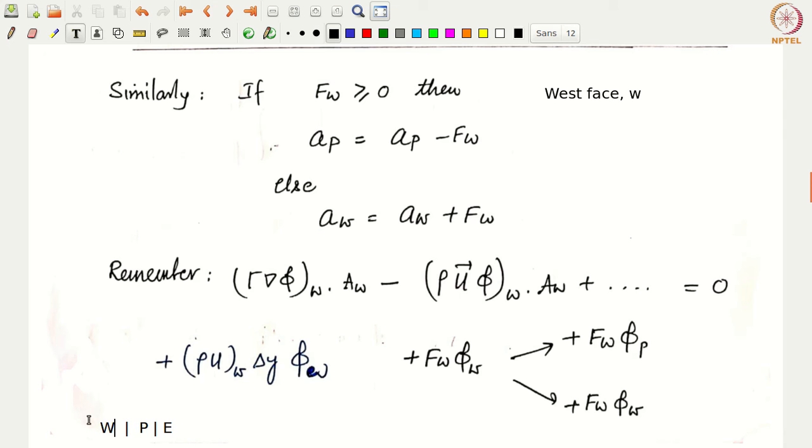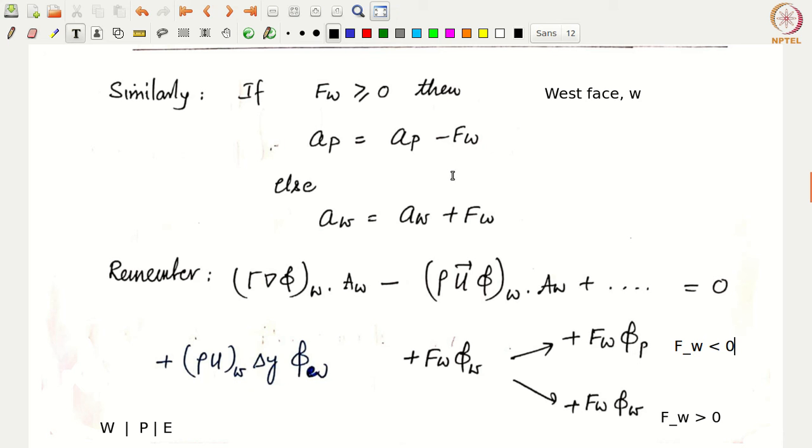So this is when it is positive, and if FW is negative, it's going this way, then your face value of little w has to be equal to phi P, right? That means this is when FW is greater than or equal to 0, and this is when FW is less than 0, right? If it is less than 0, phi west would be equal to phi P. Alright, but both contributions are now plus values.